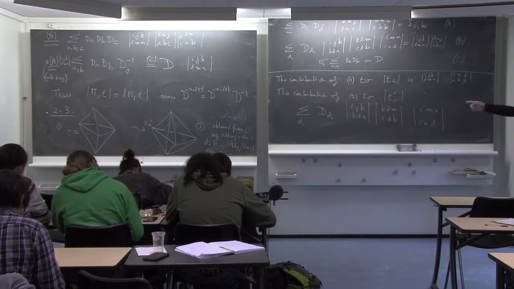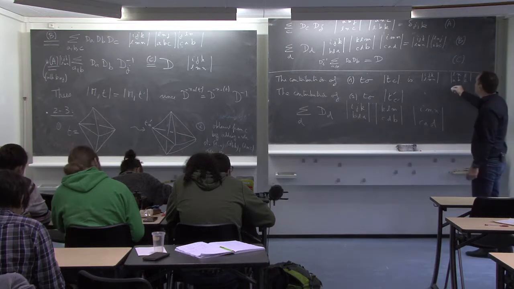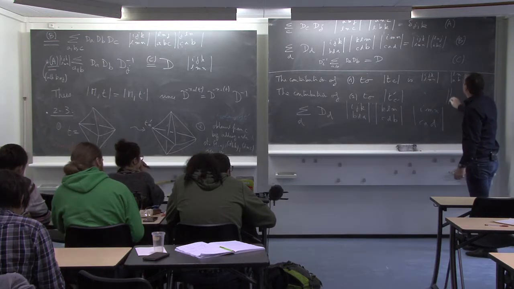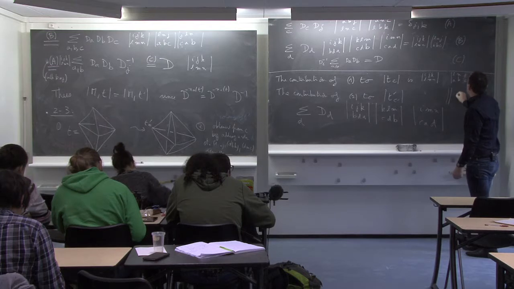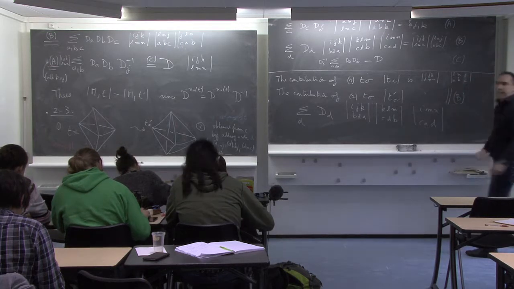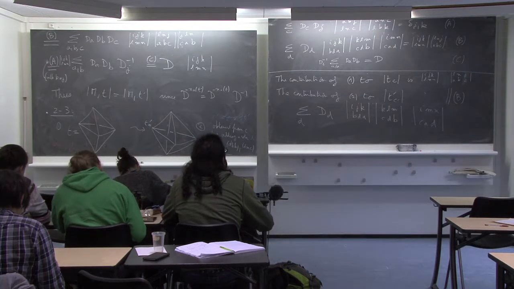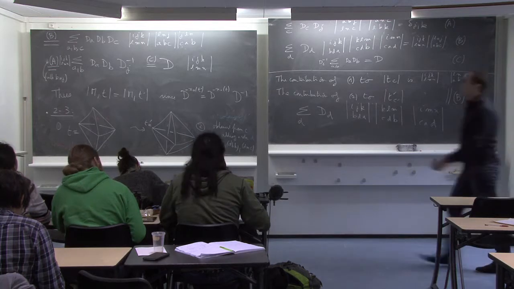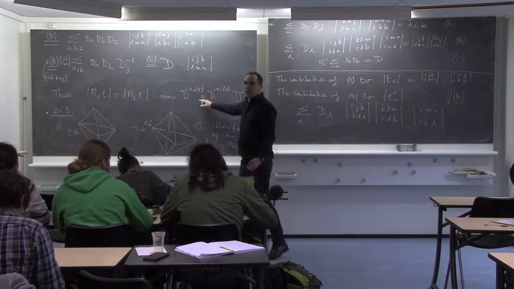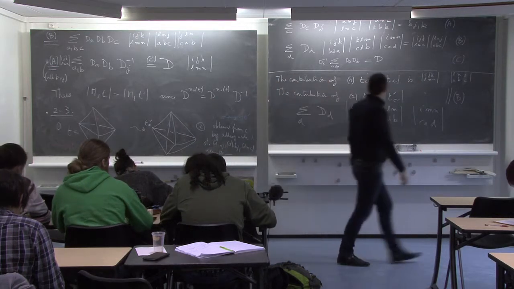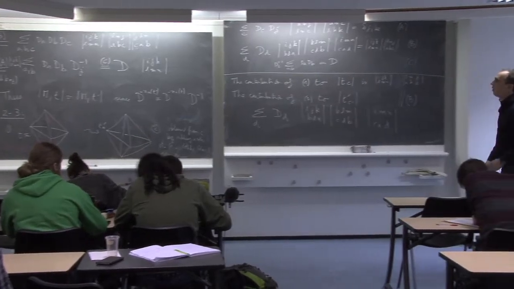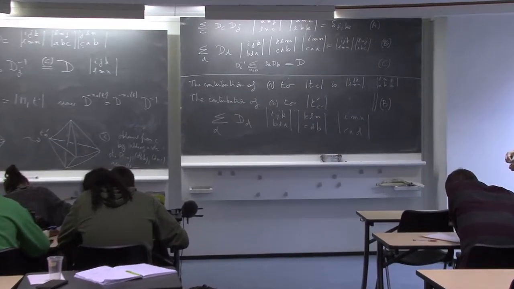And you know that these contributions are the same by B. And here the number of vertices is the same, so the normalization factor doesn't change. So here we have proved the invariance under the 2-3 moves.